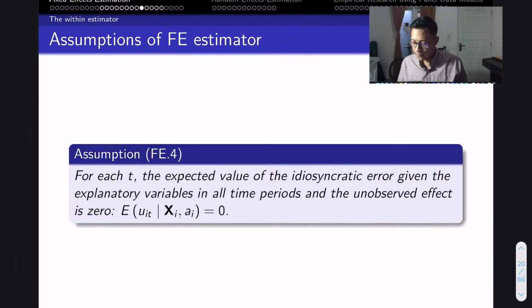Okay. The fifth assumption is that the variance, conditional on the unobserved heterogeneity and the variable of interest or the covariate, is going to be constant. So basically this is like the homoscedasticity assumption.